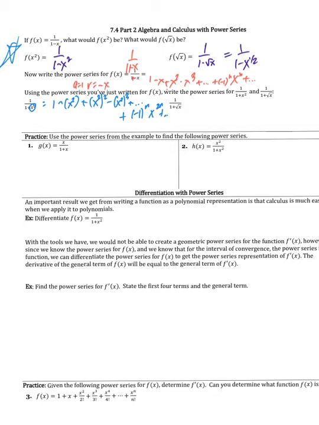And you could simplify that to be 1 minus x squared plus x to the 4th minus x to the 6th. That's totally fine, but for the purposes of right now, I just want you to see how this pattern is changing.